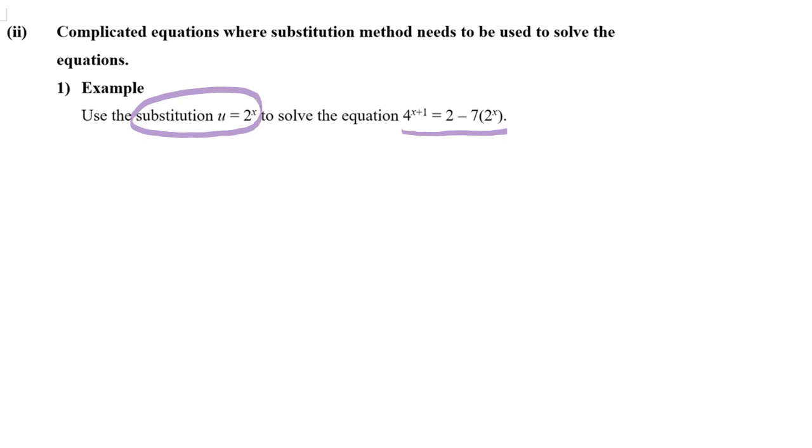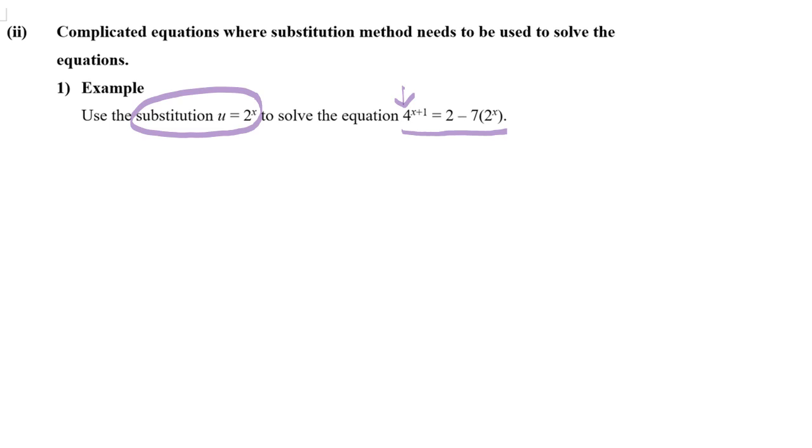Right. So if you look at what you're supposed to substitute, it says that you need to substitute 2 to the power of x with the letter u. So they give us a hint that I would need to express the number given in the equation as base 2 and to the power x.